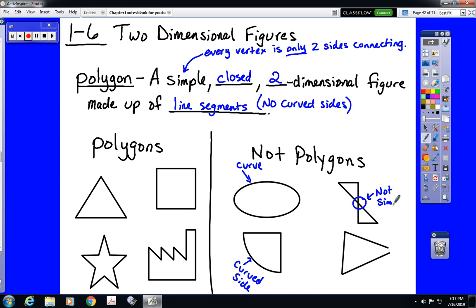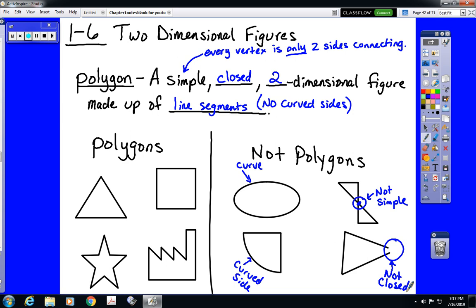There are a total of 4 sides coming together at this vertex right here. There can only be 2. So that would be an example of that shape folding over on itself, which makes it not simple. And then finally, this bottom one is not because it is not closed. So it should be relatively easy to tell the difference between polygons and not polygons.